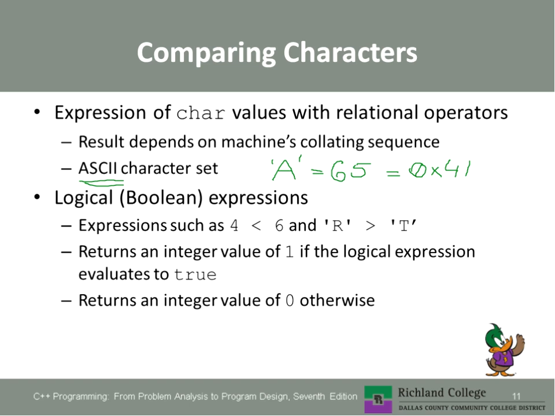So those are the numbers. Each ASCII character, remember, you can look up the ASCII table for actual values, but you can actually compare characters because characters are actual numbers, and we just display them for humans as characters.